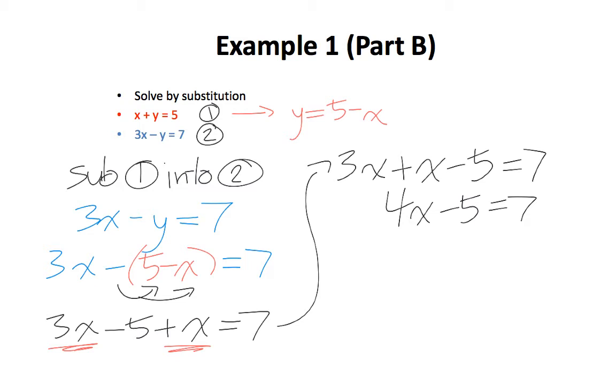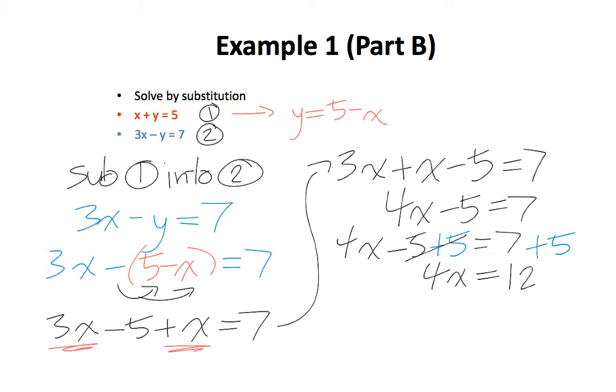Remember, we want to isolate x, but x is stuck with a multiply by 4 and subtract 5. To get rid of the subtract 5, I need to add 5 to both sides of the equation. -5 plus 5 cancels out, which leaves me with just 4x, and 7 plus 5 is 12.